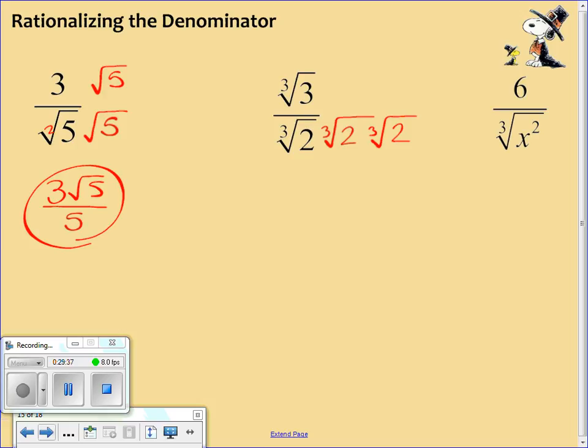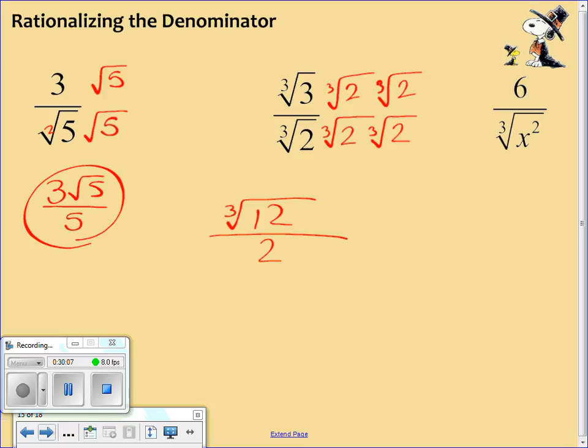If I'm going to get rid of a cubed root off the bottom to rationalize, I need 3 of them. If I do it to the bottom, you have to do it to the top. So on the top, we have the cubed root of 12 over 2. It's that same reason as over here, radical 5 times radical 5 is just 5. So I have 3 of the cubed roots of 2, so it's just 2.